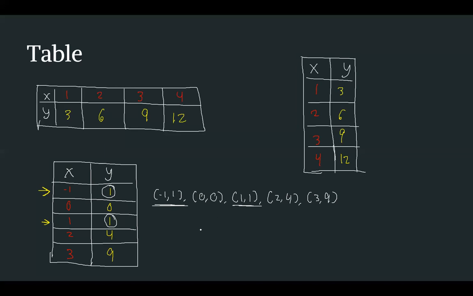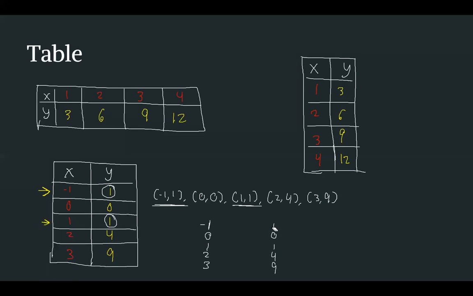Finish. That's it. But if you want me to put it in a mapping diagram, this is how it looks like. We have negative 1, 0, 1, 2, and 3, right? And we have the numbers here, basically 1, 0, 1, 4, 9. Oops, hold on.